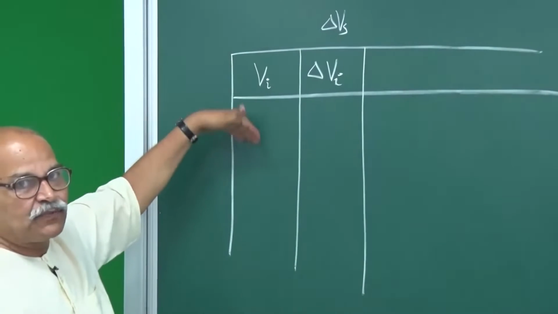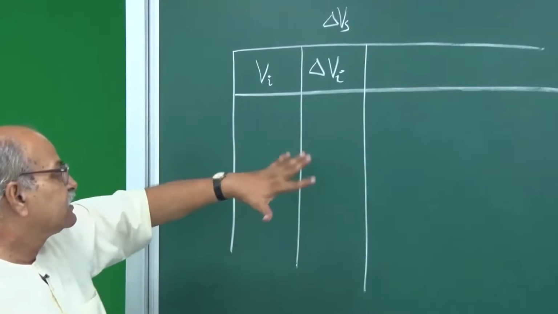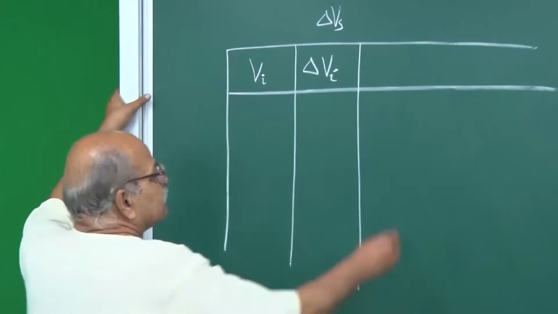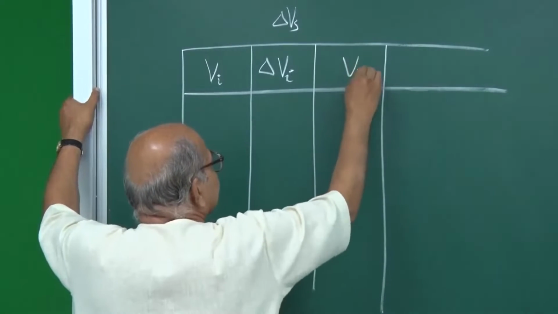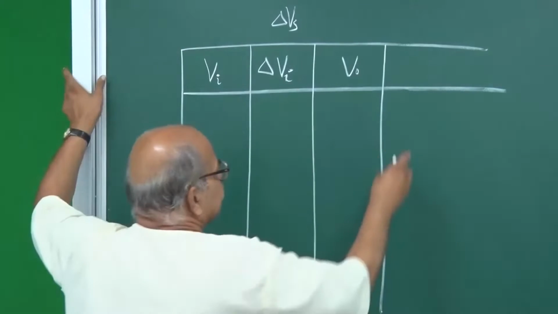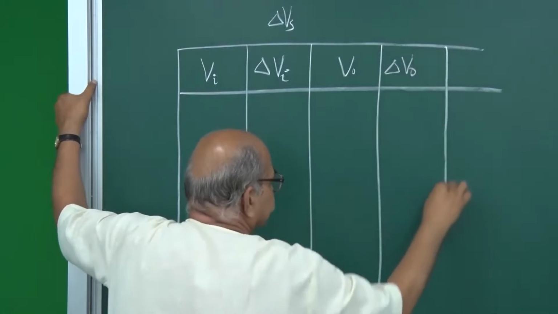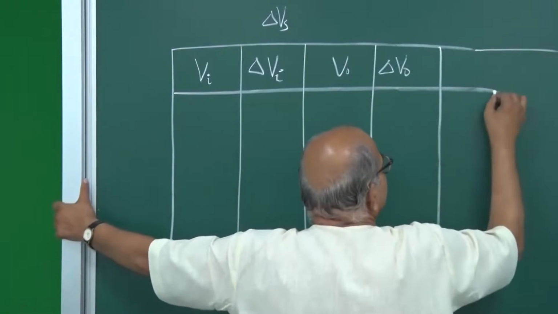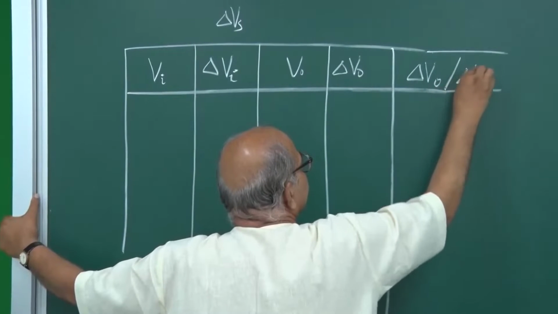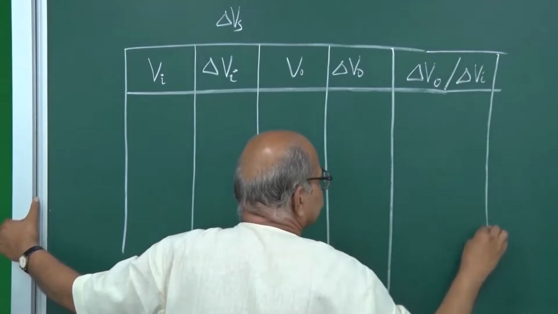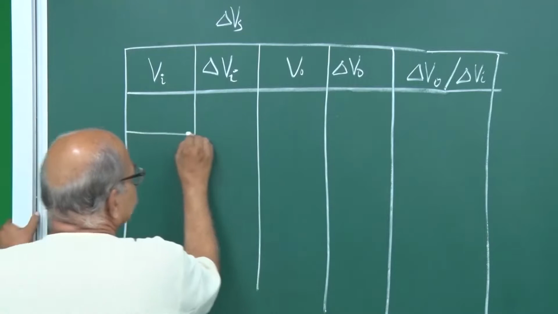Whatever change in the input voltage, that is the change in that signal, because VBB is always fixed in a given circuit. Similarly, output Vo, that we will write here, and then we will see how that output voltage changes. That will be delta Vo, and then this will be our voltage gain, that is delta Vo divided by delta Vi.